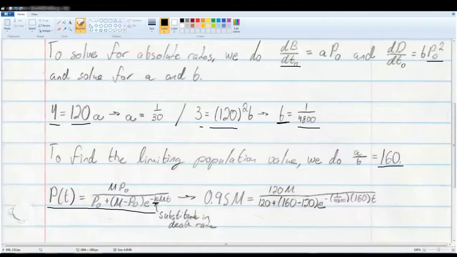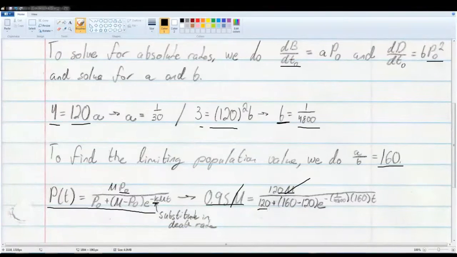We basically want 95% of the limiting population. So that's 0.95 times M. I left that as M for a good reason, you'll see. And then initial population times M again. As you can see, these two cancel out.